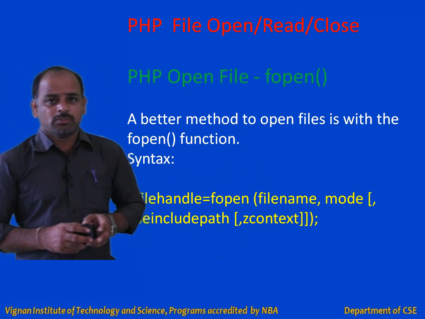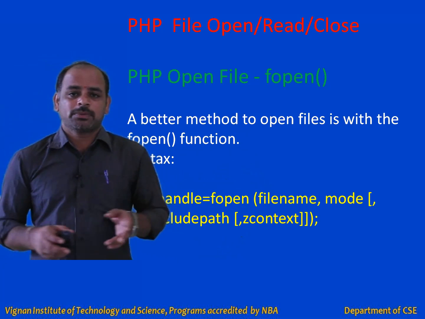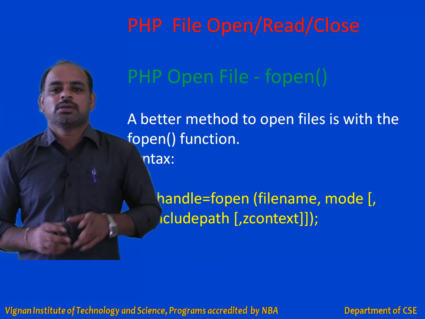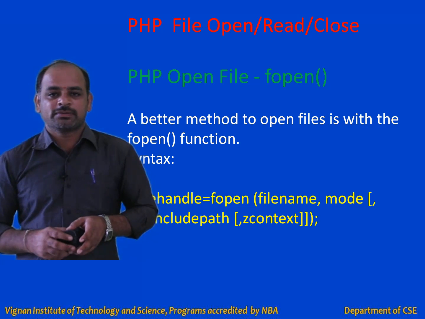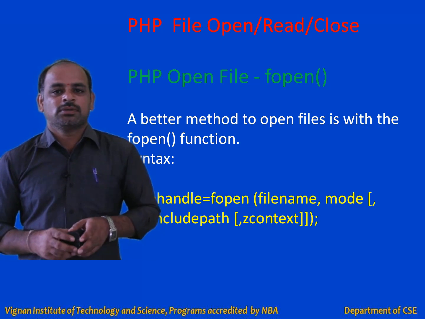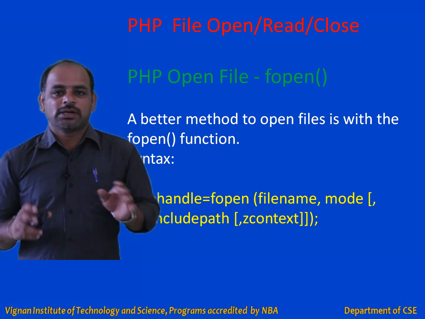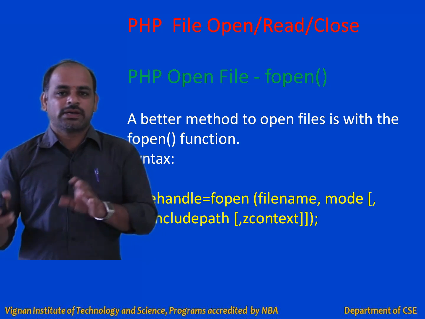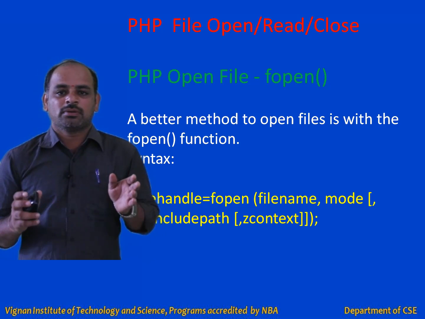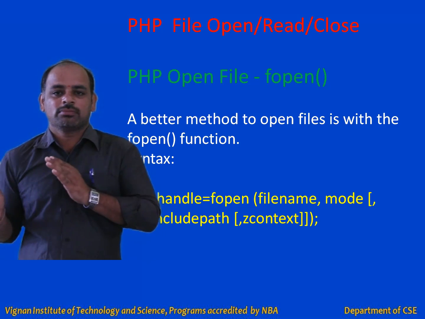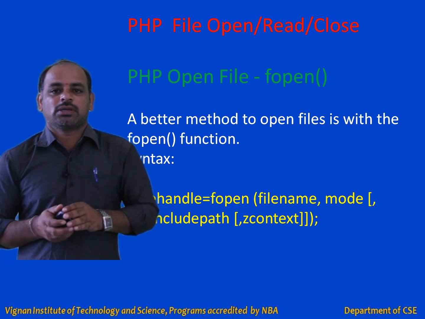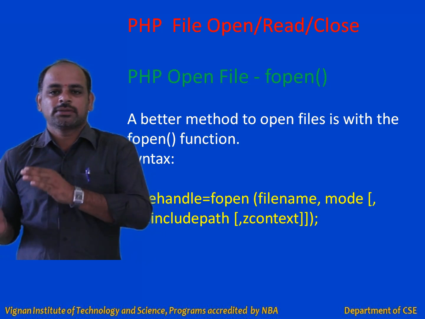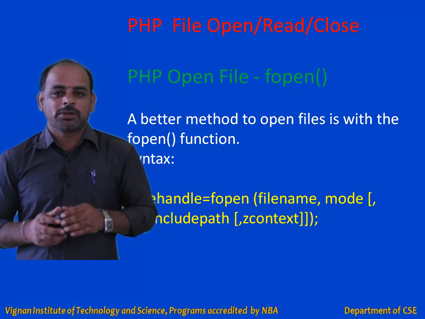Next, mode. Mode specifies for what purpose you want to open the file. Whether you want to open the file to read the data from it, that is the read operation. Whether you want to open the file to write data into it, that is the write operation. Or, if the file already exists, you want to add some data to that file, that is the append operation.